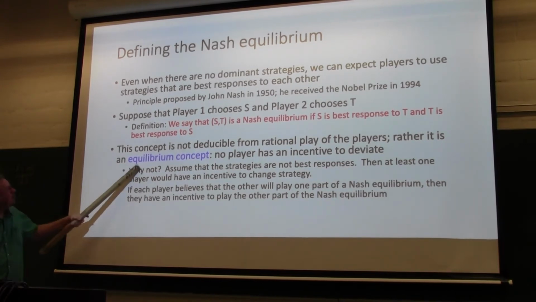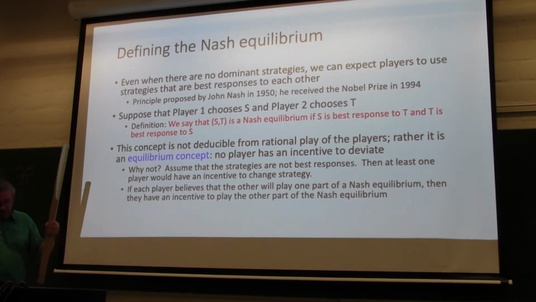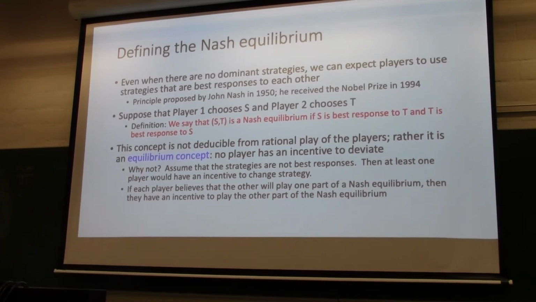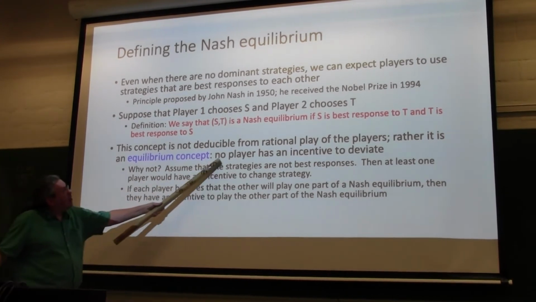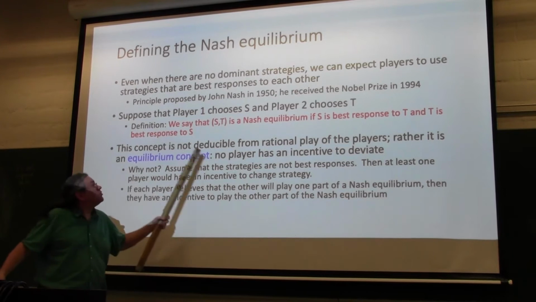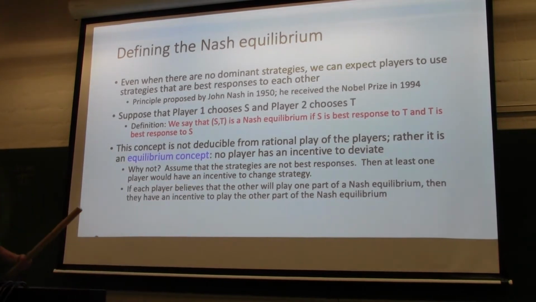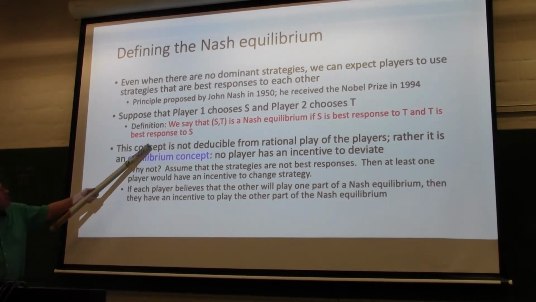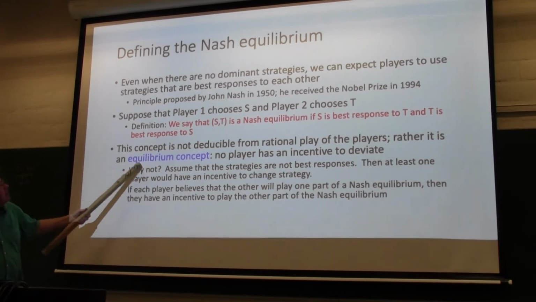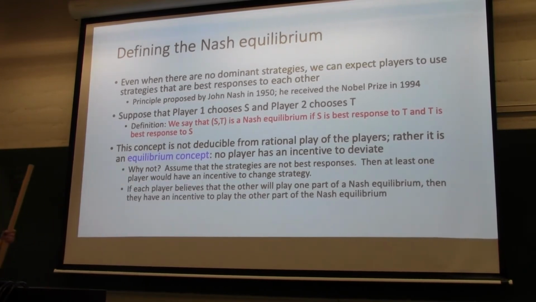It's an equilibrium. Equilibrium means there's like a balance between two opposing sides. And each player has no reason to change because it would be worse. If it's the best response, then any other response would be worse.